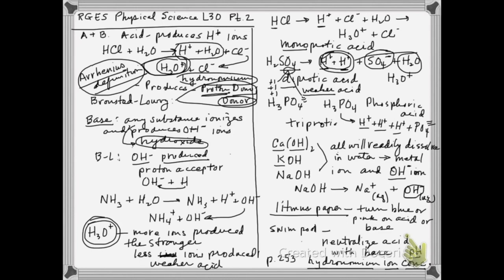And as you can tell from the chart, if the pH, which is the hydronium ion concentration, is less than 7, it's acidic. If it's more than 7, it is basic. Okay, so we have those two extremes.